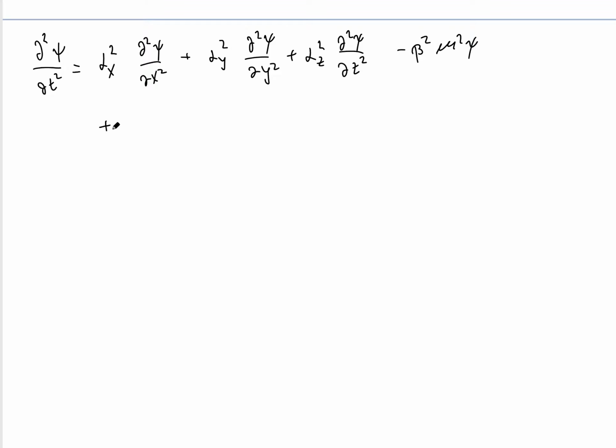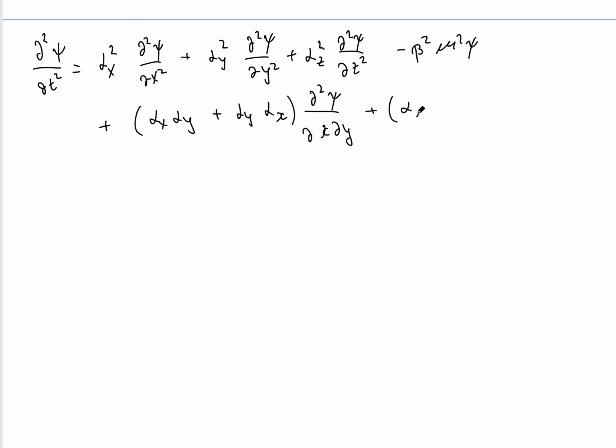Then you also have additional terms, so cross terms. Let's say alpha x alpha y plus alpha y alpha x, times partial squared of psi over partial of x partial of y.